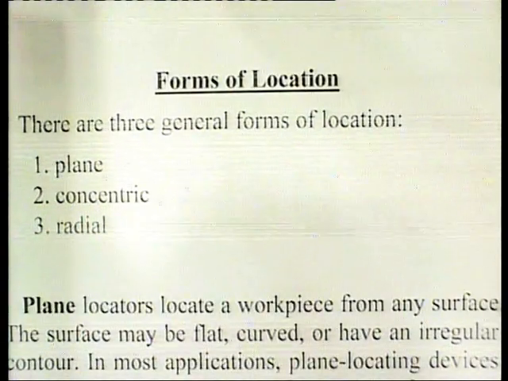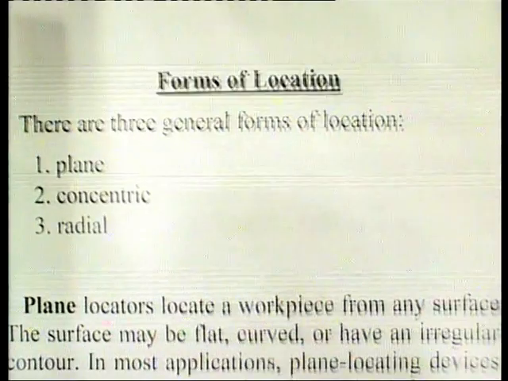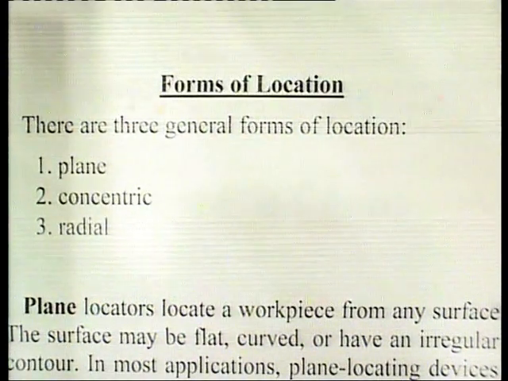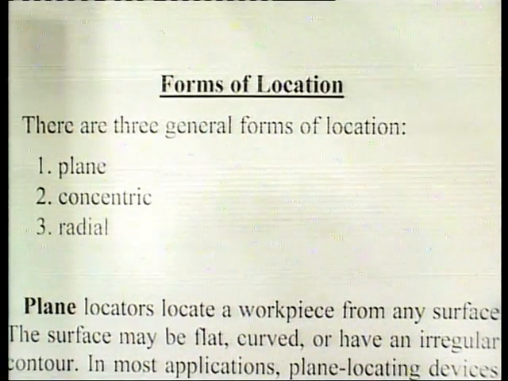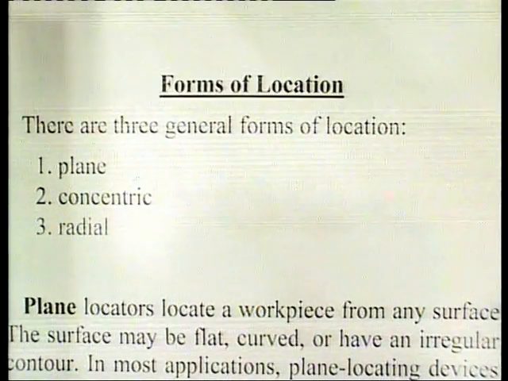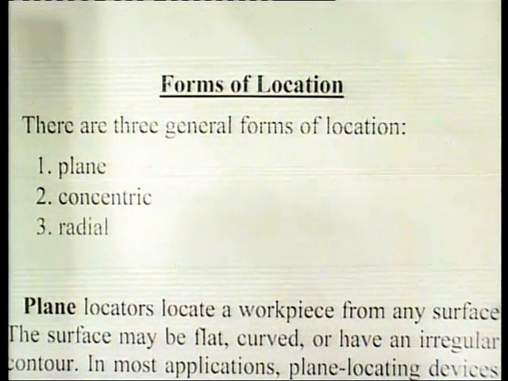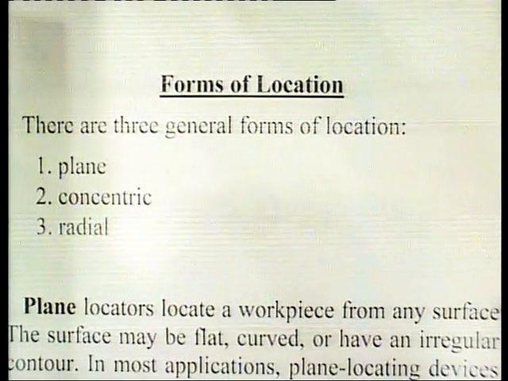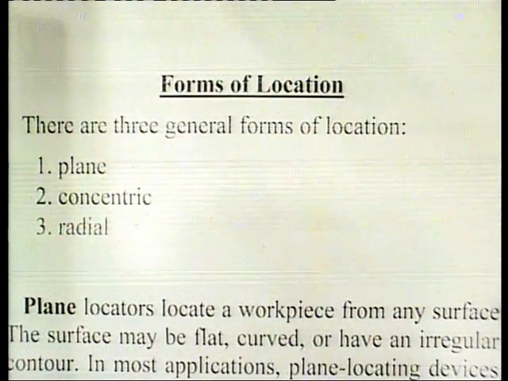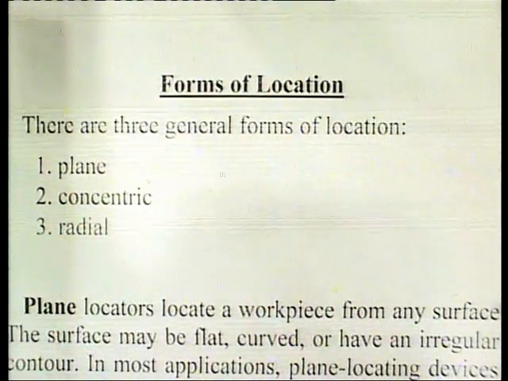Next is forms of location. So, there are general forms of location. Number 1 is plane, number 2 is concentric, and number 3 is radial.